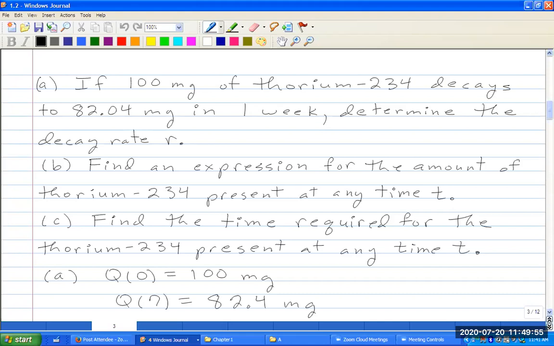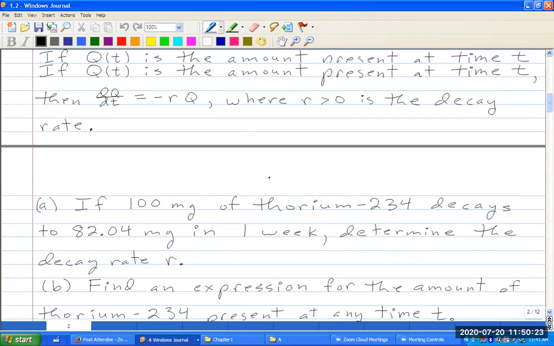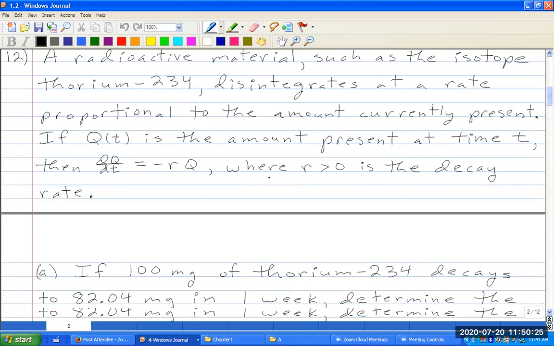Wait one second. There's some words that are missing here. This is section 1.2. Okay, let me just see something. There's obviously a word missing here. Section 1.2, problem number 12.